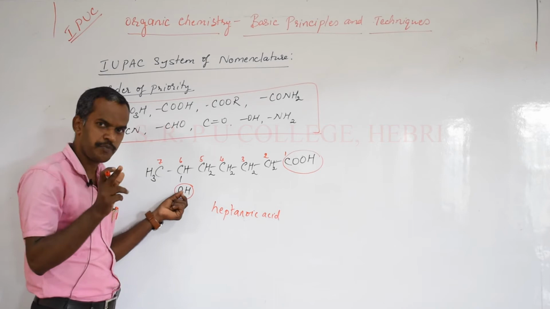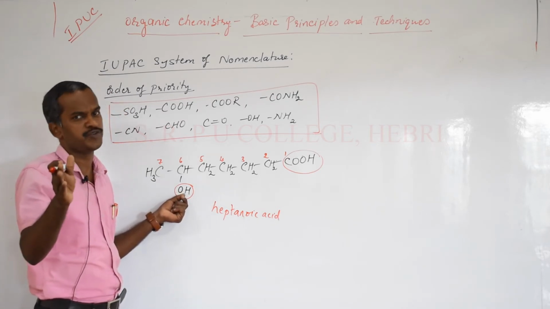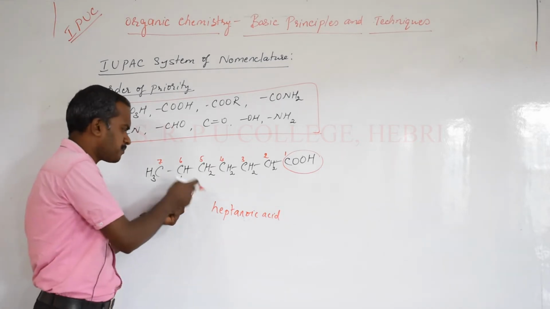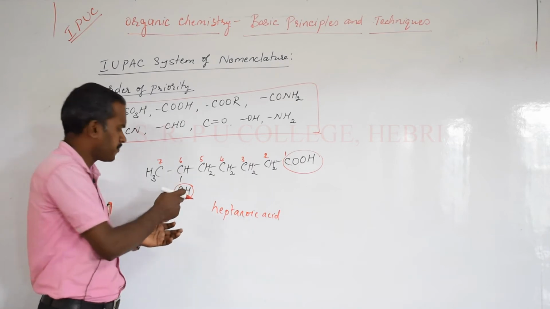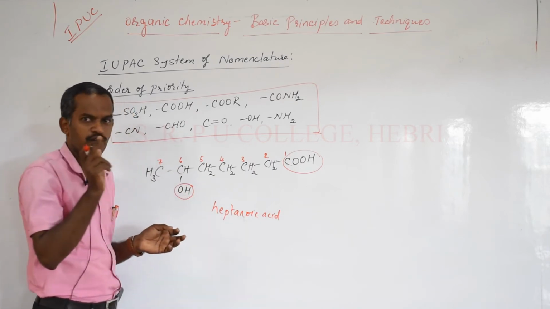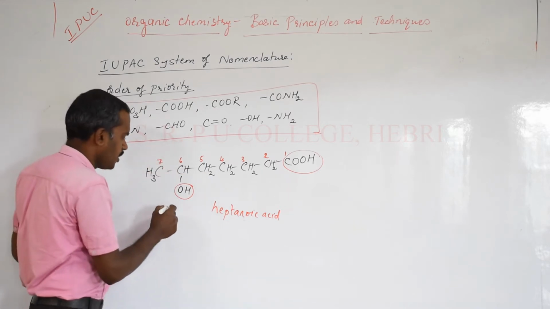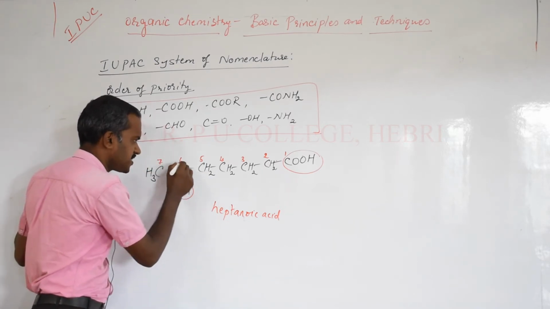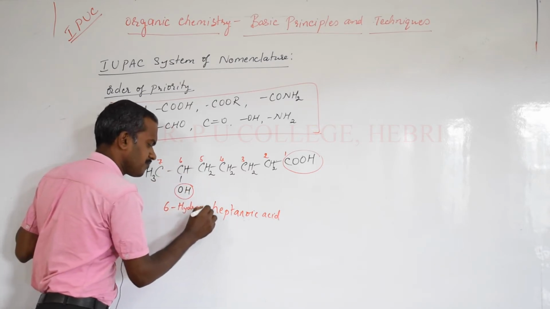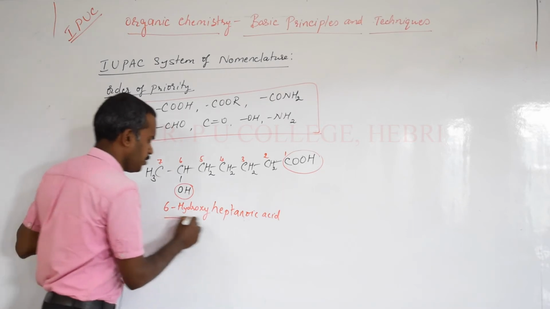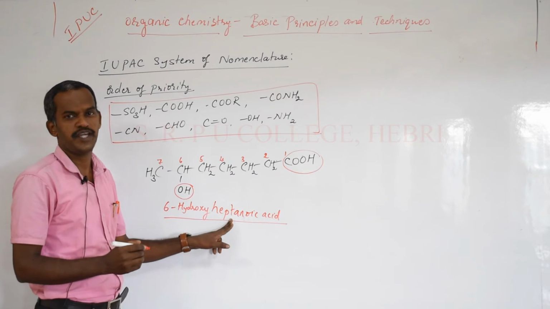When the OH group is a major functional group, then the name of the compound ends with ol, alcohol. If it is present as a substituent, meaning it is the second functional group, then the name of this is hydroxy. So the 6th carbon atom has a hydroxy group, so we will write 6, the position where the OH group is present, hydroxy. Okay, so the IUPAC name of this compound will be 6-hydroxyheptanoic acid.